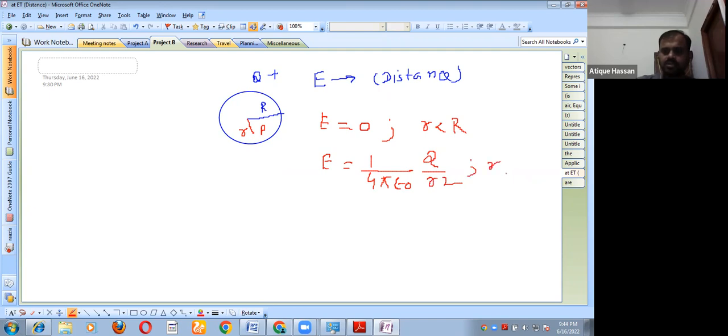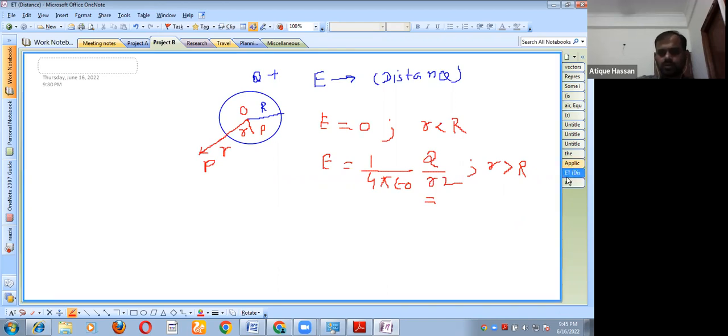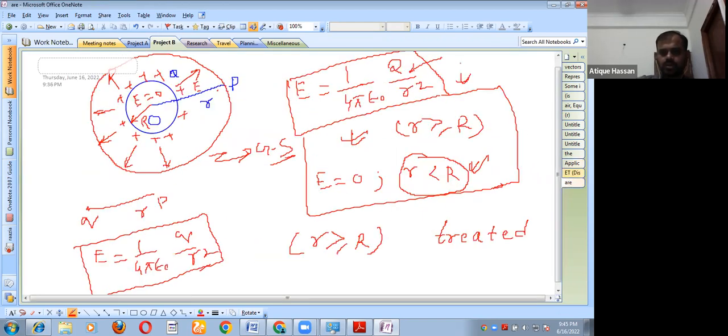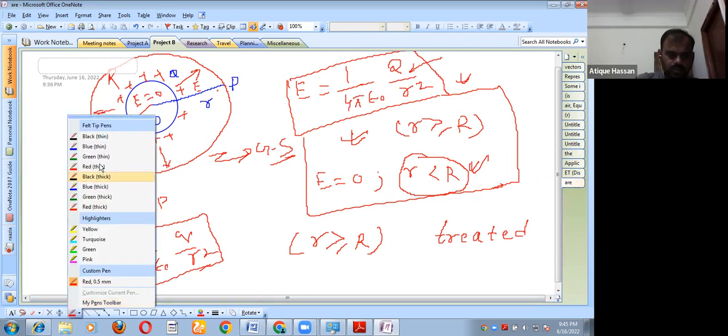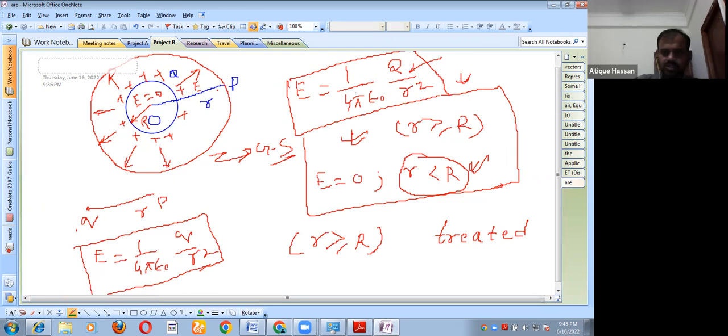if r is bigger. You must remember that here we must have a small r, not capital R, since the point is outside this sphere and the distance from the center is r. You must note the r in the expression.